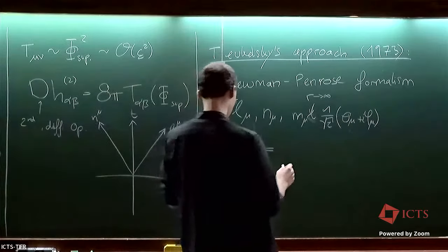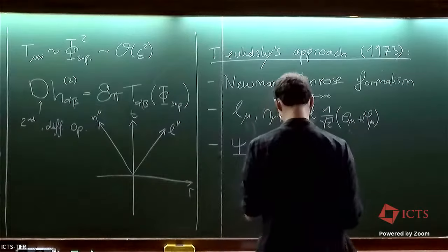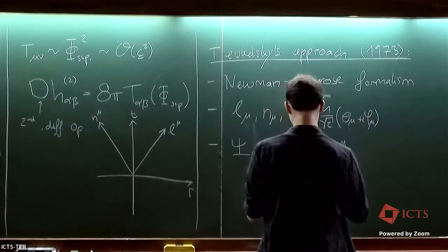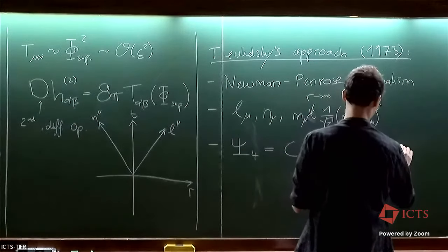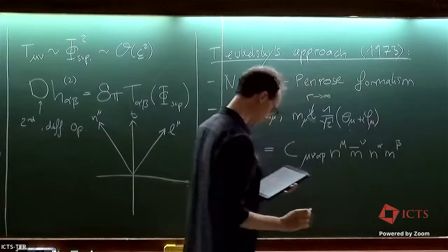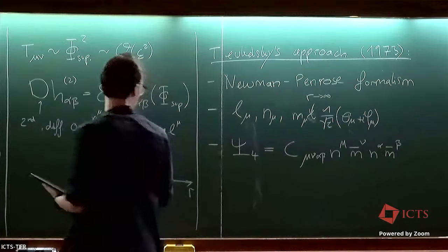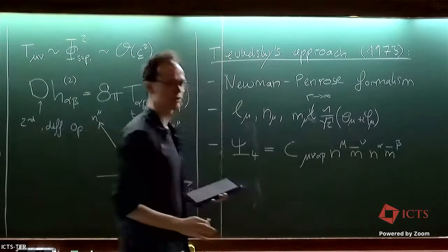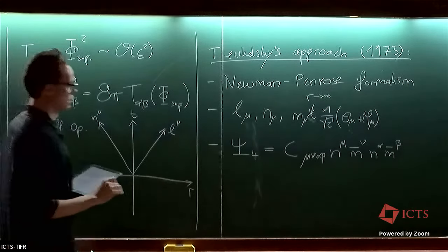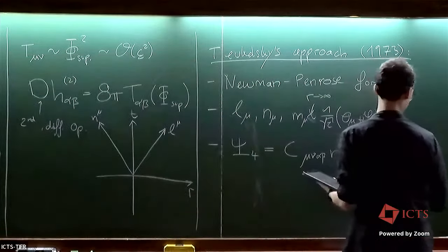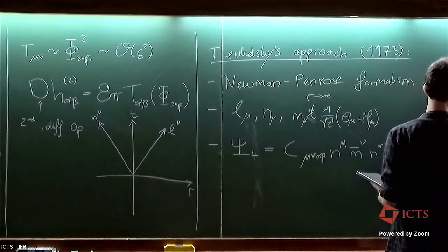So the particular contraction is the following, with indices nu alpha beta, where this overbar just denotes complex conjugation. So this is sometimes called the Weyl scalar or Weyl-Newman-Penrose scalar.